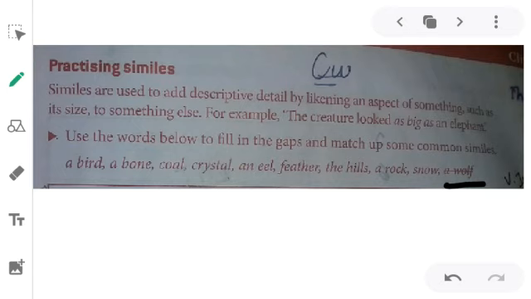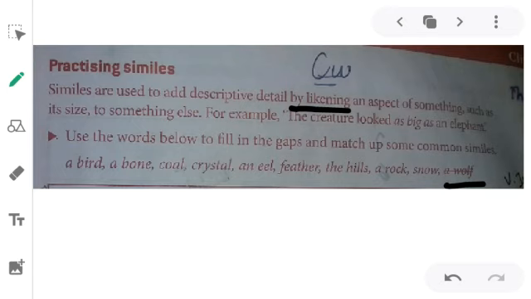So we are comparing some aspects where two things are similar in a particular way, so we can use them as a simile or a comparison.